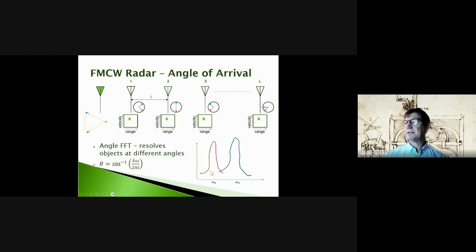Where that bin is, that's going to be associated with a certain omega 1 or omega 2 or omega whatever. We plug each of those into this equation, and we should get a bearing associated with that. Now, these are all spaced at lowercase l increments here.